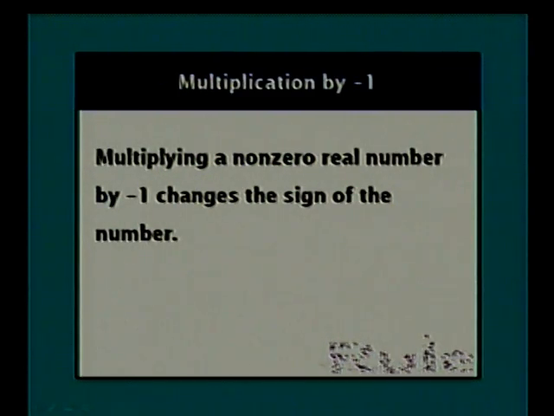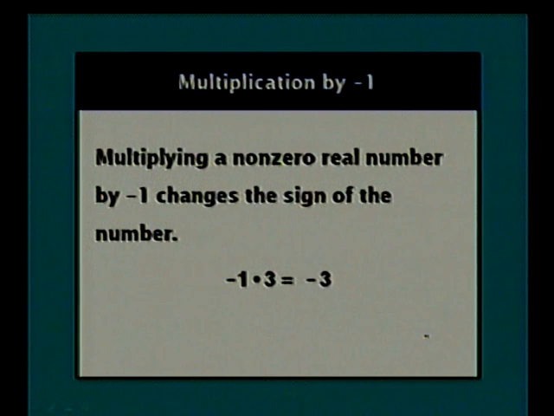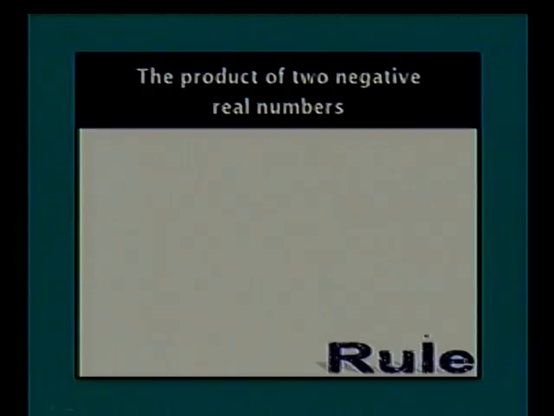So multiplying a non-zero real number by negative 1 changes the sign of the number. So negative 1 times 3 equals negative 3. We can change that to a general statement. Negative 1 times any real number equals the opposite of that number.